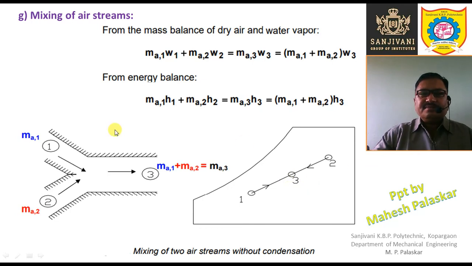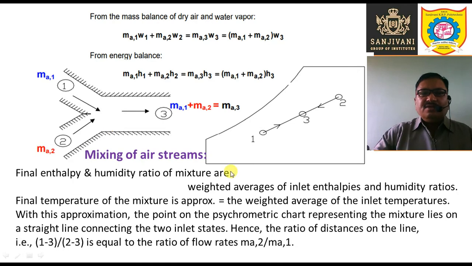So the final enthalpy and humidity ratio of the mixture are weighted averages of the inlet enthalpies and humidity ratios.